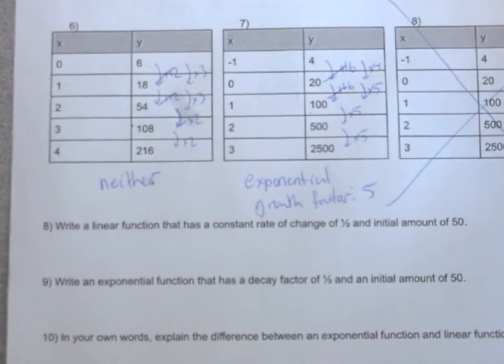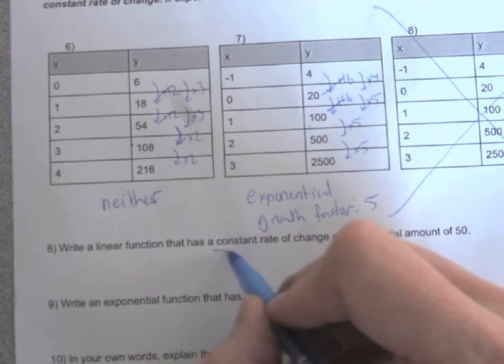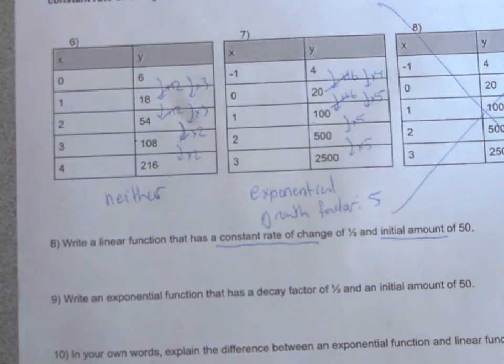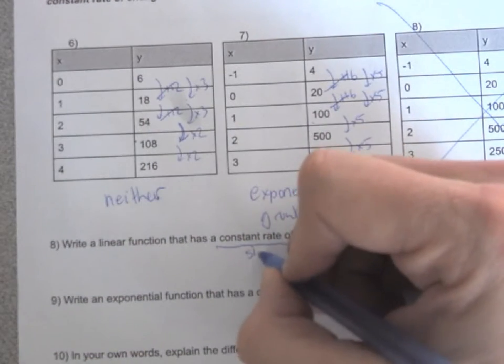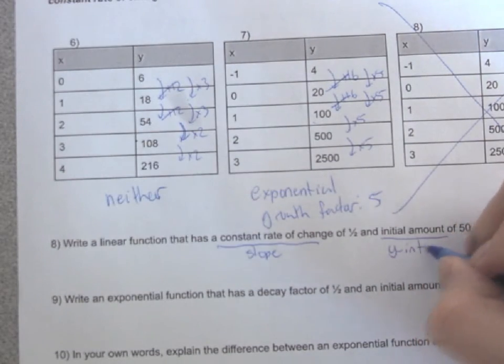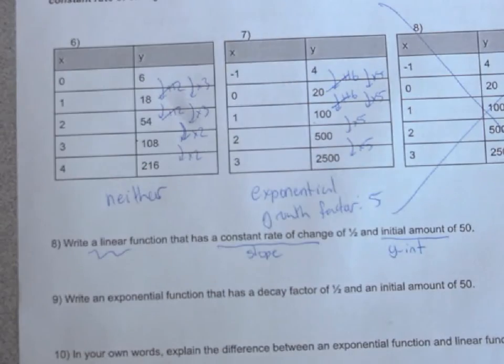Number 8. Write a linear function that has a constant rate of change of 1/2 and an initial amount of 50. Okay, now these phrases are a little bit different than we're used to. But constant rate of change is the same thing as slope, and initial amount is the same thing as y-intercept. We also know that it's linear.